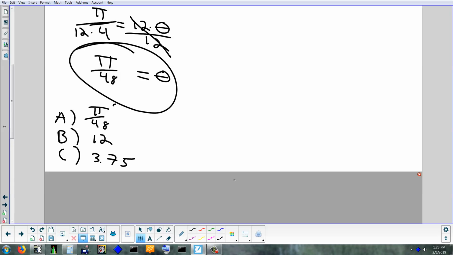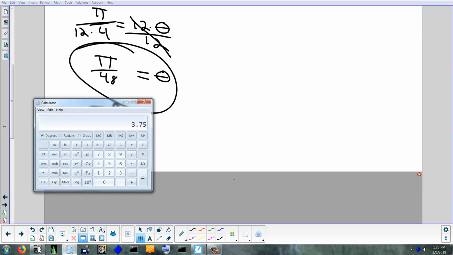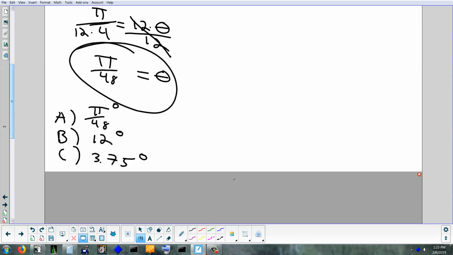Now, what if I did this? What I did real quick is I just calculated 180 divided by 48. The answer in degrees is 3.75. So now the answer would be C. Okay. Questions on that? Some people get a little confused. I would know by looking at this that they're asking for an answer in degrees if it was multiple choice, because I'm seeing the little circle. That would tell me it's in degrees.